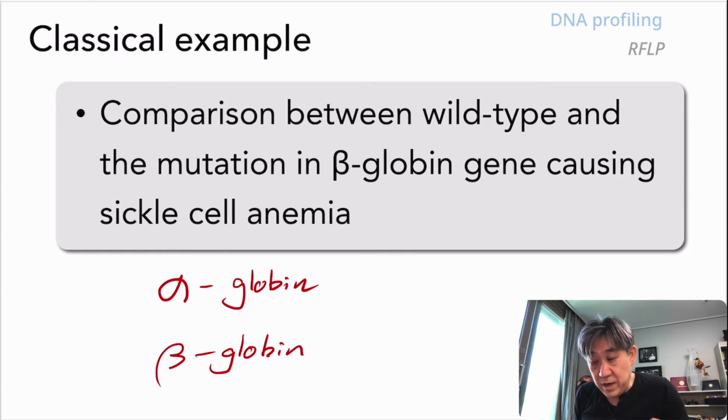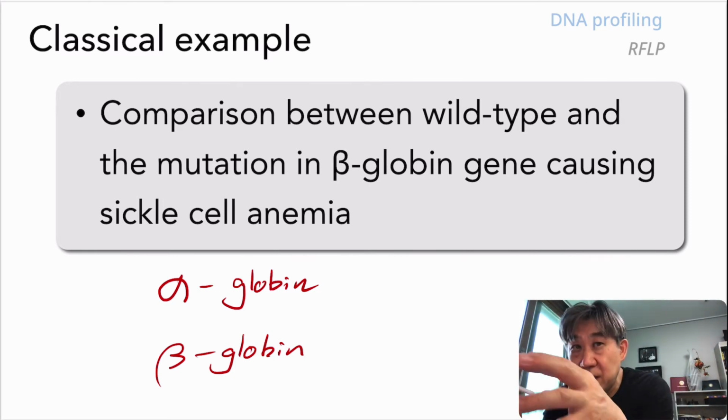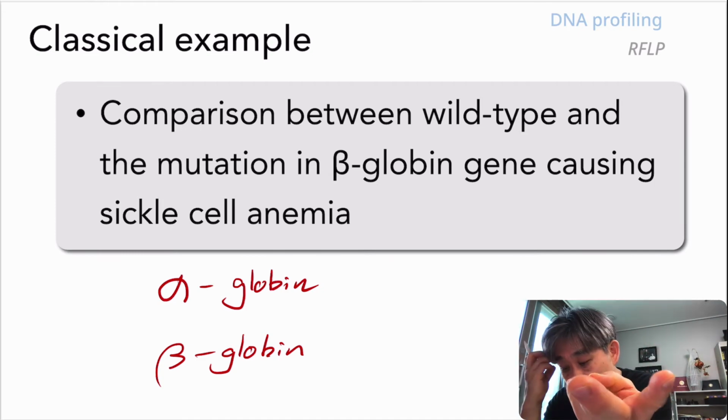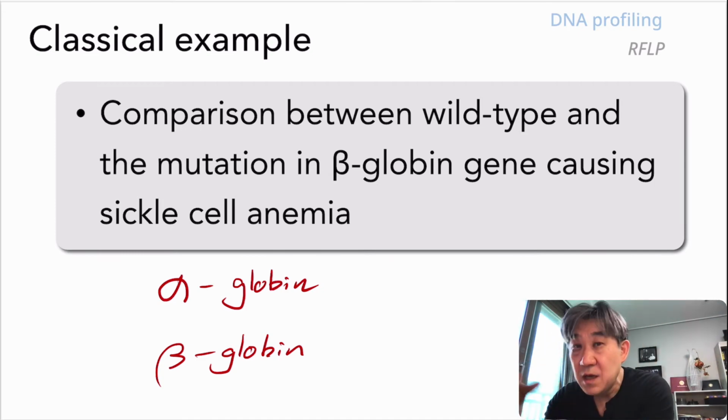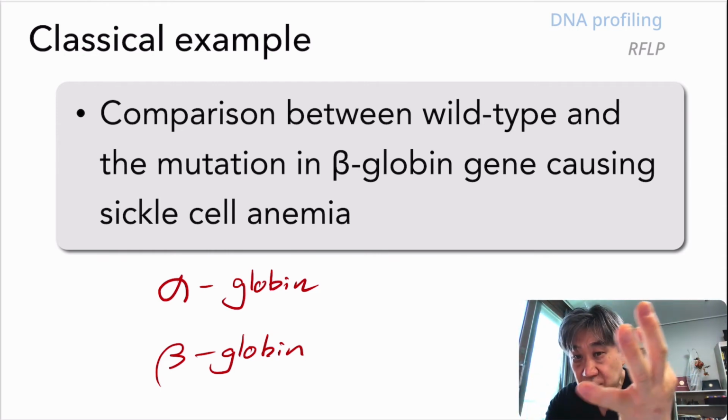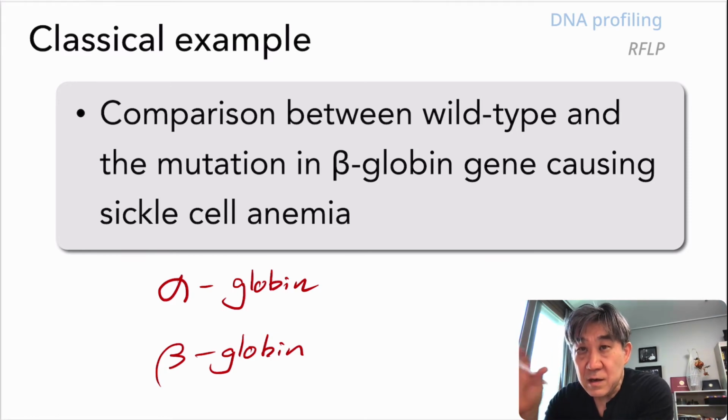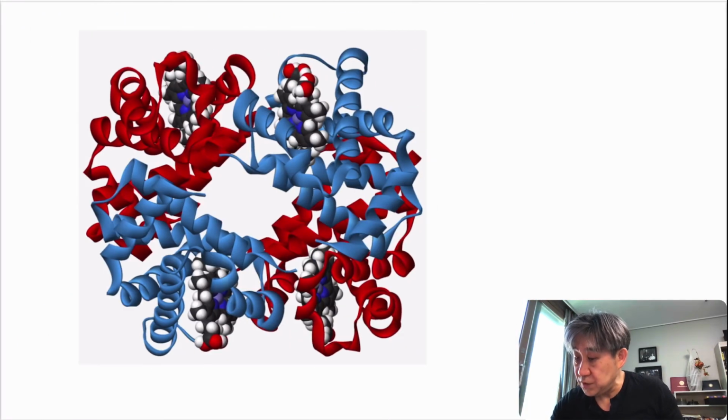Alpha and beta globin, two highly related proteins, combine together. Two identical alpha globins and two beta globins, so four proteins, get together to make up one entire functional hemoglobin protein, as you see in this structural model here.